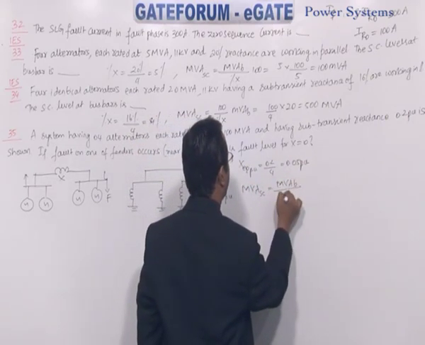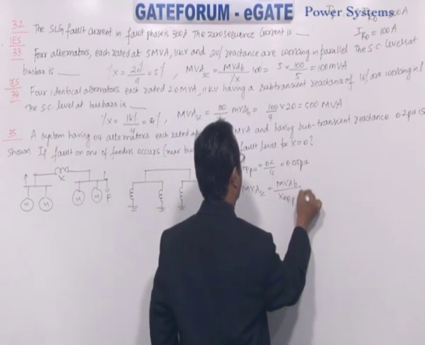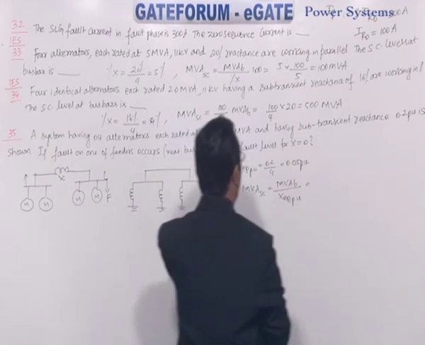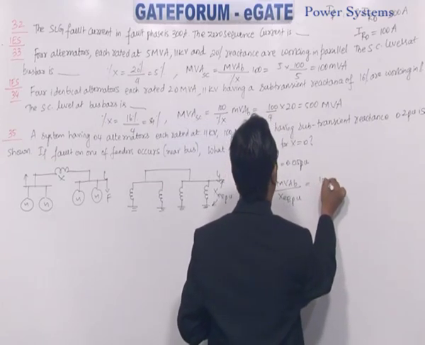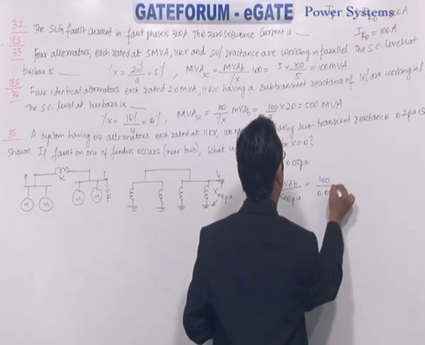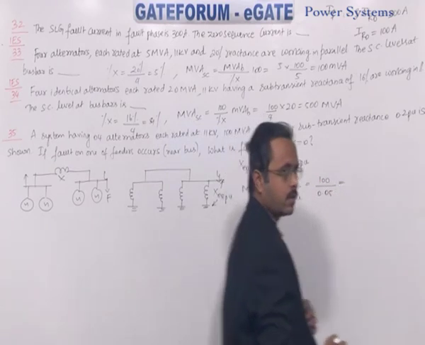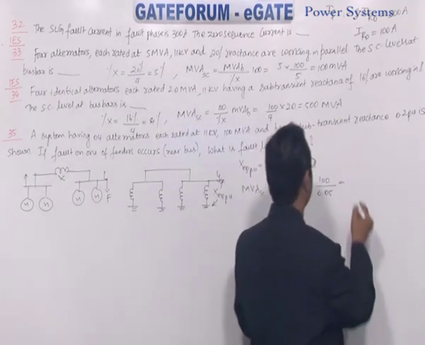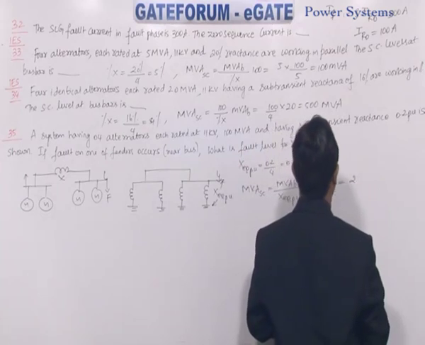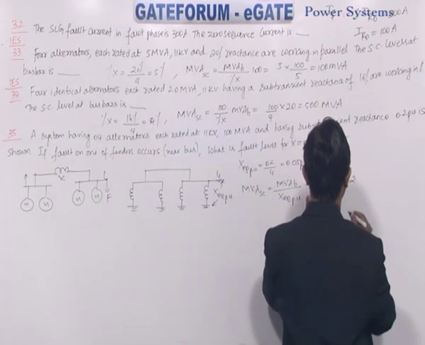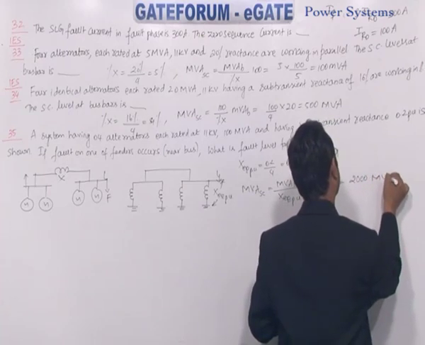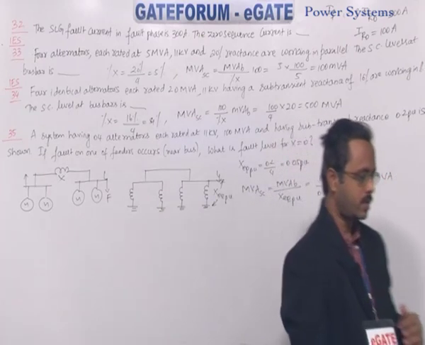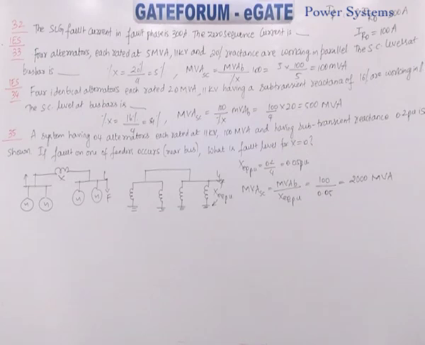It is base MVA by X equivalent per unit. What is base MVA? 100. Equivalent is 0.05. So you simplify this and find out the answer here. You get it as 2000 MVA. So the answer for this question is 2000 MVA.